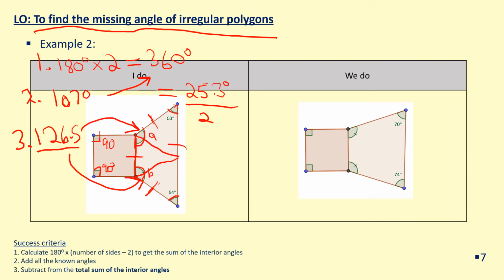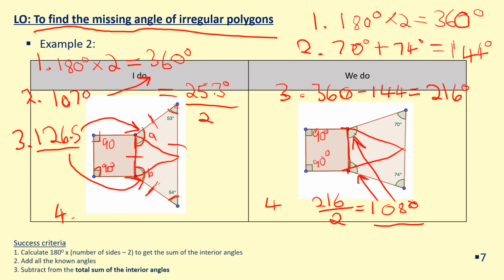So the 53, the 54, and then the 126.5, which we know was 253, and that adds back up to 360, doesn't it? So you can always double check, like a little step 4. All right, pause the video. Your turn for the we do, guys.